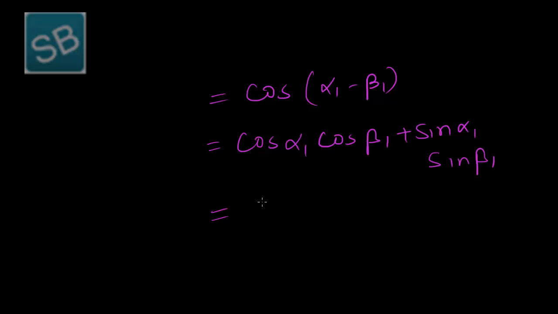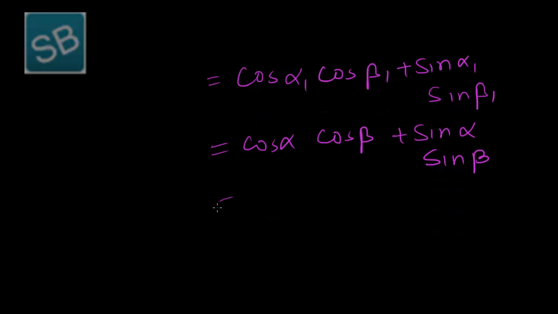So that is cos alpha 1 is equal to cos alpha, cos beta 1 is equal to cos beta, and sin alpha 1 is equal to sin alpha, and sin beta 1 is equal to sin beta, as we proved above. Cos alpha is equal to cos alpha 1. Similarly, we can prove that cos of beta is equal to cos beta 1. So these results can be used by applying the similar rule to the above result. So we get this is equal to cos of alpha minus beta as proved in the first part.